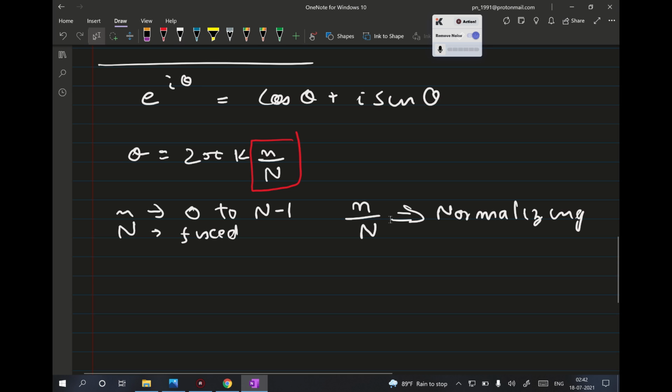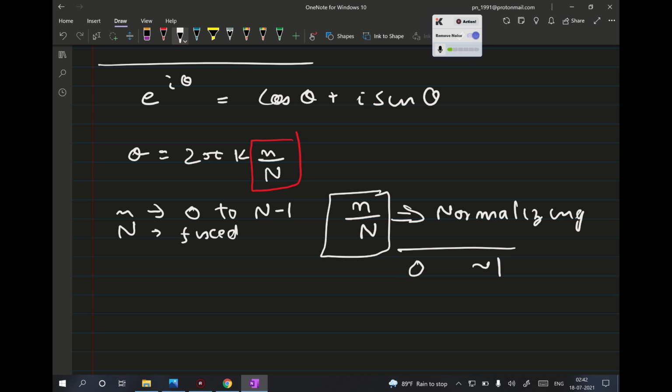What it means is, no matter how much data we take for the transformation, this would have the same range no matter what your data size is. So the minimum would be 0 and the maximum would be close to 1 for any case.